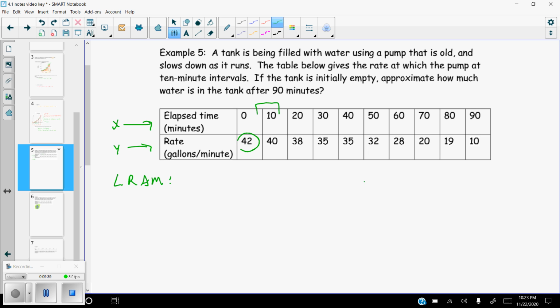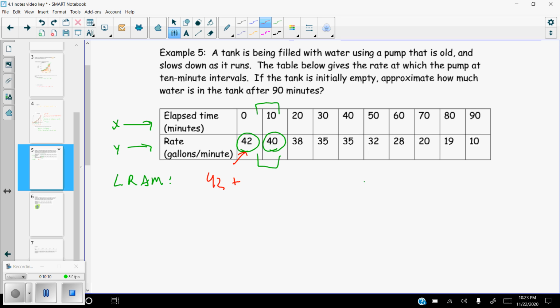These values are the heights of the rectangle. Well, if we're going to use a left approximation method, that means the upper left-hand part of the rectangle gives us the height of the rectangle. So the first height that we're going to use is 42. That's the upper left-hand part of the rectangle from 0 to 10.